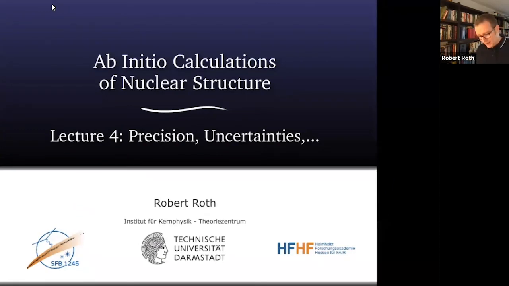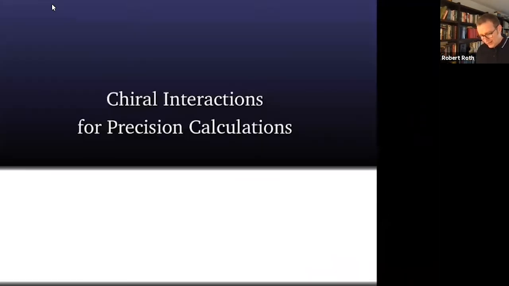And let's start with a reminder, going back to the beginning: with these chiral interactions, what have we done so far, in particular with the interaction that I used for all the illustrations up to this point? And what can we do better from this chiral EFT perspective? And that's the question of chiral interactions for precision calculations.